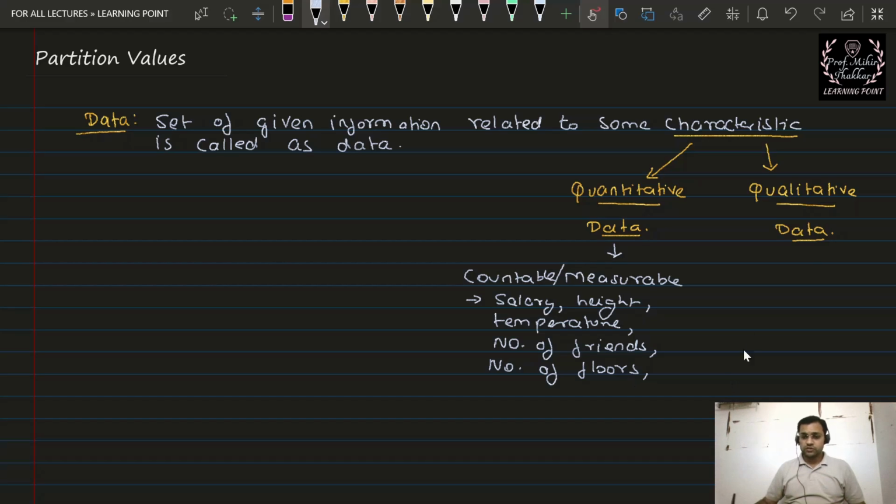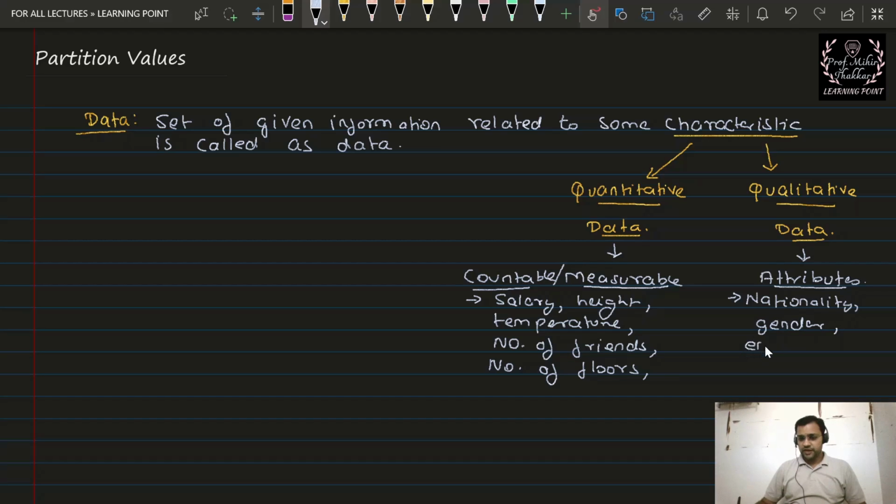Now, when you talk about the qualitative data, it is generally called as attributes. So when you talk about the attributes, it can be, let us say, nationality of a person. It can be the gender.